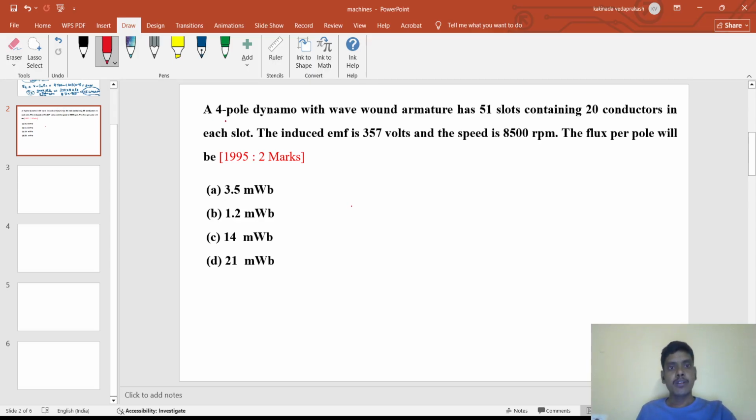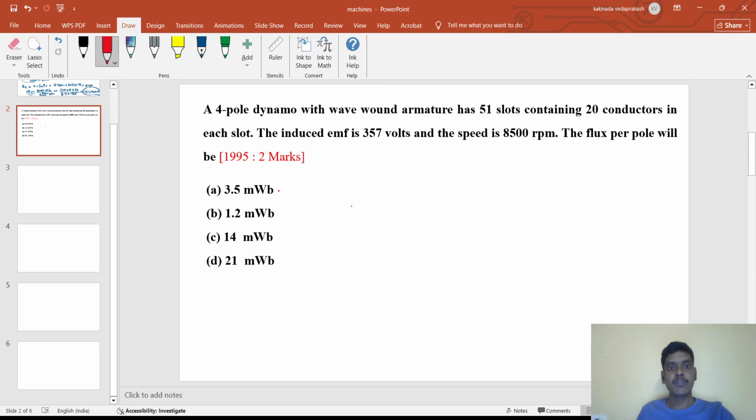A four-pole dynamo with wave-wound armature has 51 slots containing 20 conductors in each slot. The induced EMF is 350 volts and the speed is 8500 RPM. The flux per pole will be?